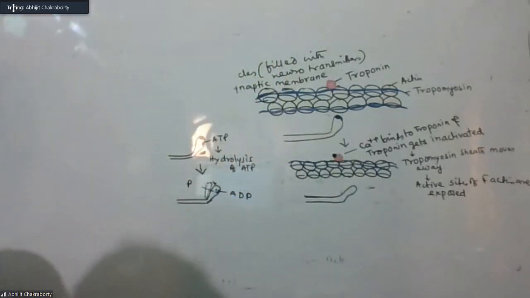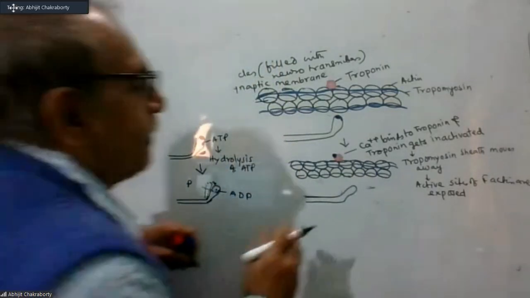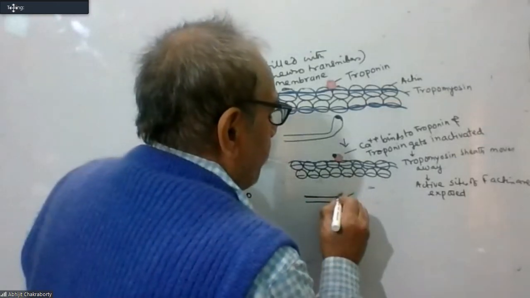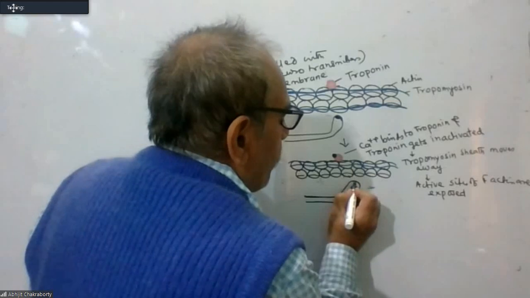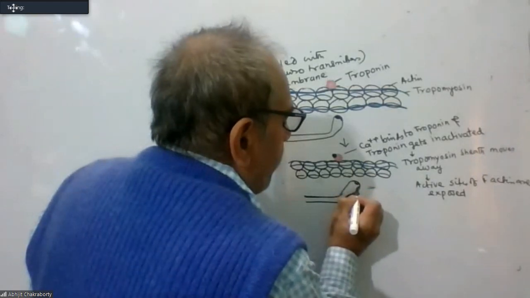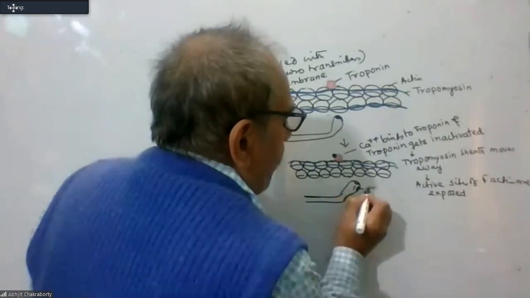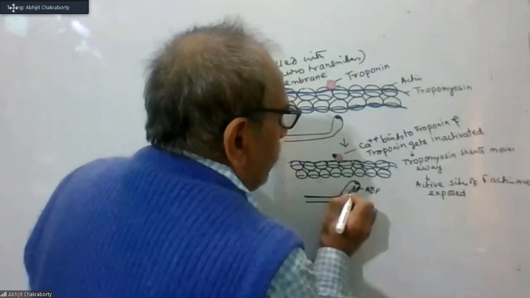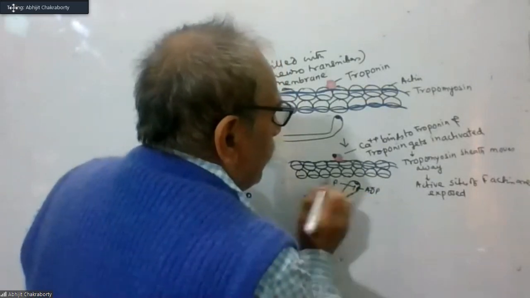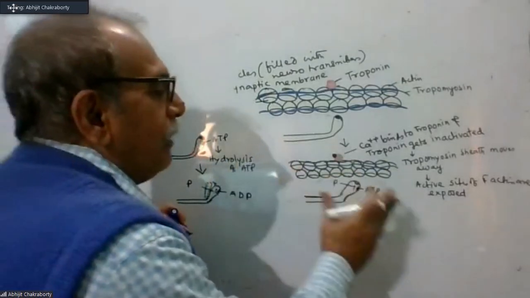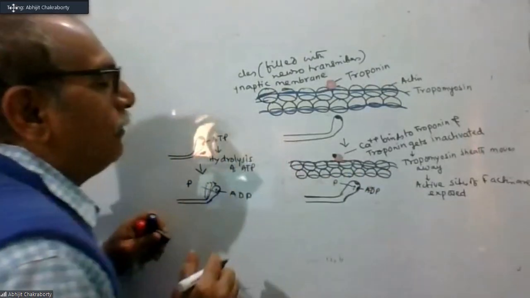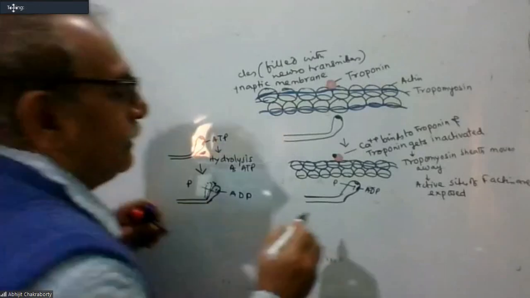The pivoted head with ADP, and you will get the P. It's bent due to the energy, it pivots, and then what happens after that? Next diagram.